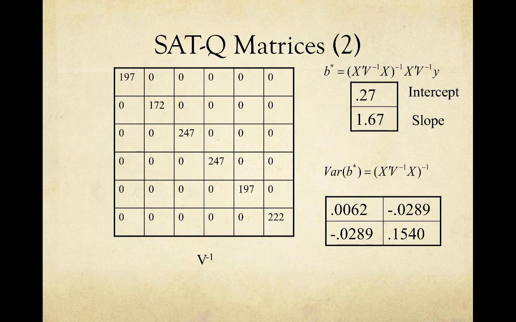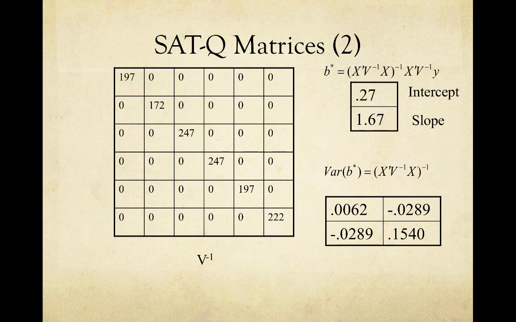The V inverse, you can see, is that matrix V, and now it's the weights in it, so it's 1 over the variances here. So this is going to be the inverse variance weighting, just as we did for the garden variety meta-analysis.